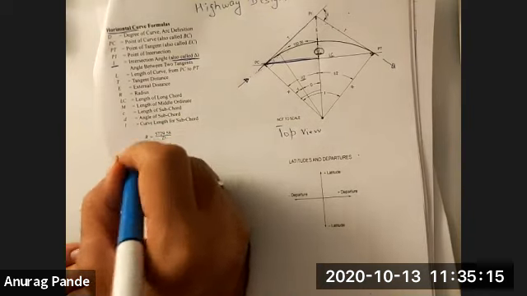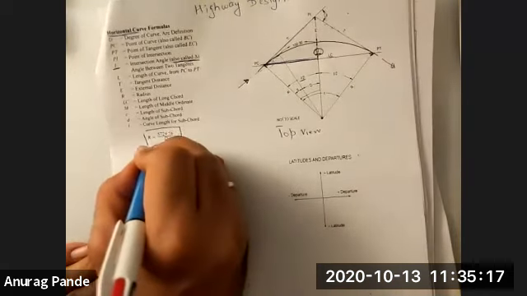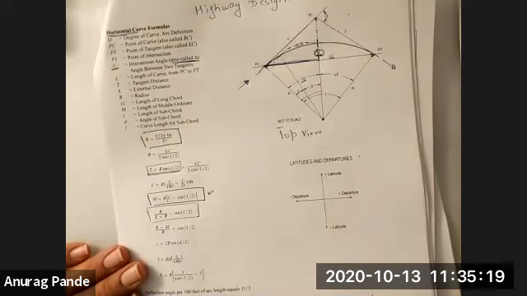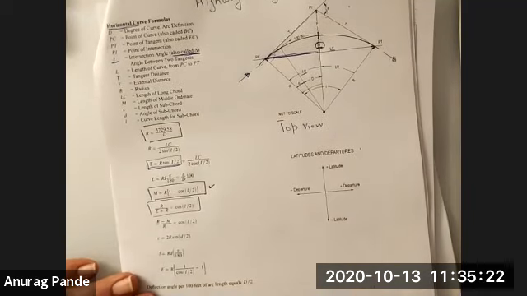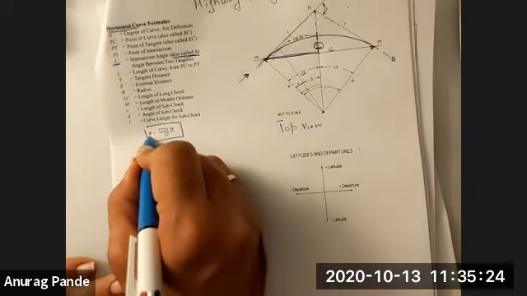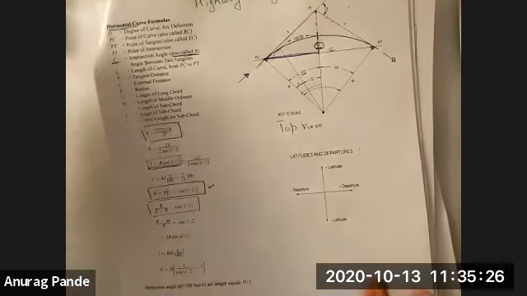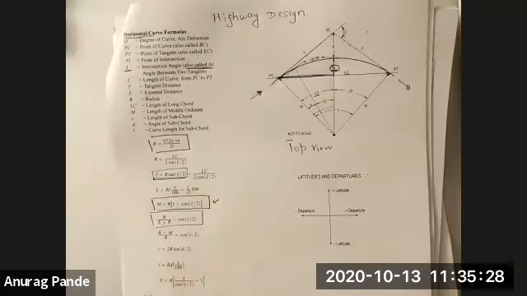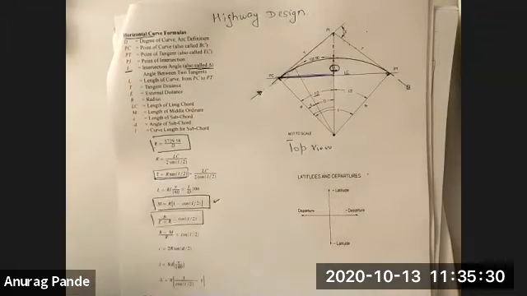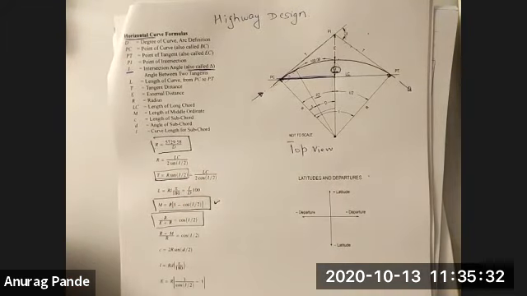How do radius and degree of curvature relate to each other? You can always relate them, because sometimes the curve will be specified to you in the form of radius, and in some cases it will be defined in terms of degree of curvature. Okay?